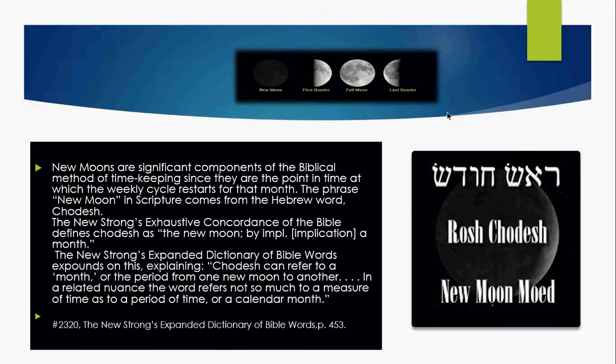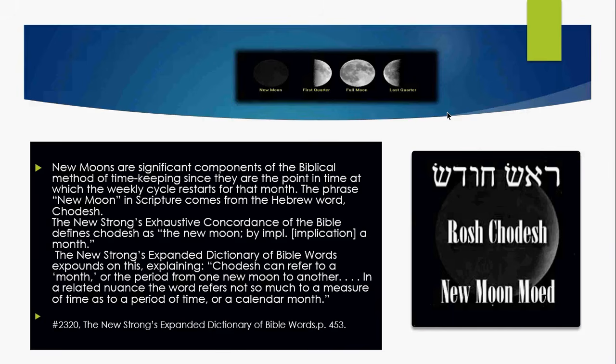New moons are significant components of the biblical method of timekeeping, since they are the point in time at which the weekly cycle restarts for that month. The phrase new moon in Scripture comes from the Hebrew word Chodesh. The New Strong's Exhaustive Concordance of the Bible defines Chodesh as, quote, the new moon, by implication, a month.